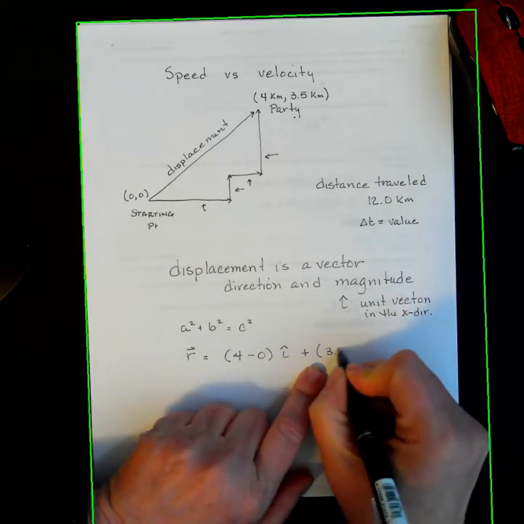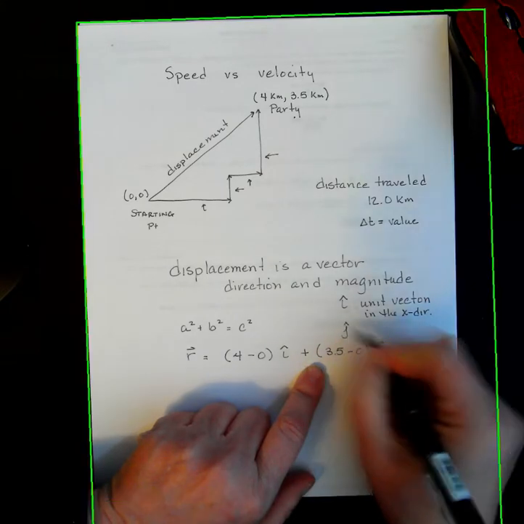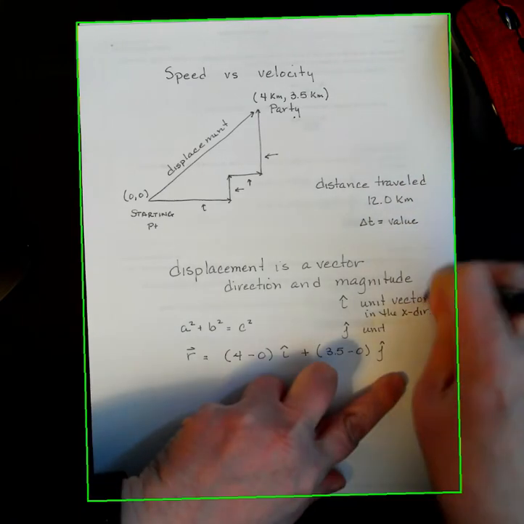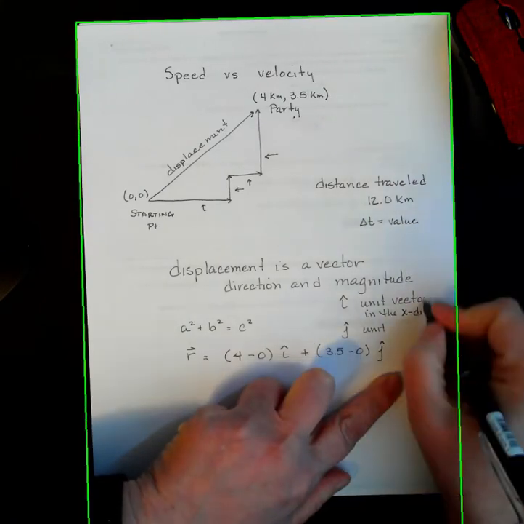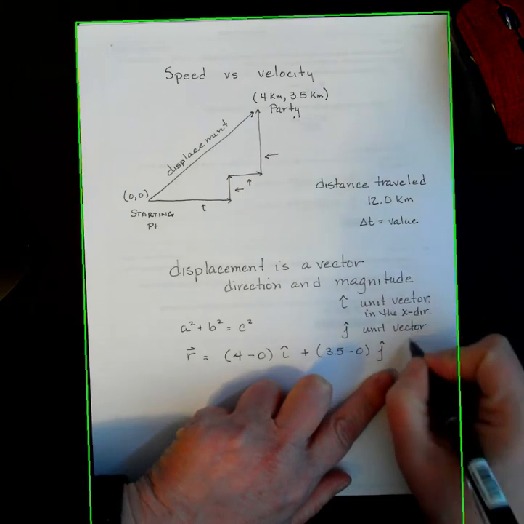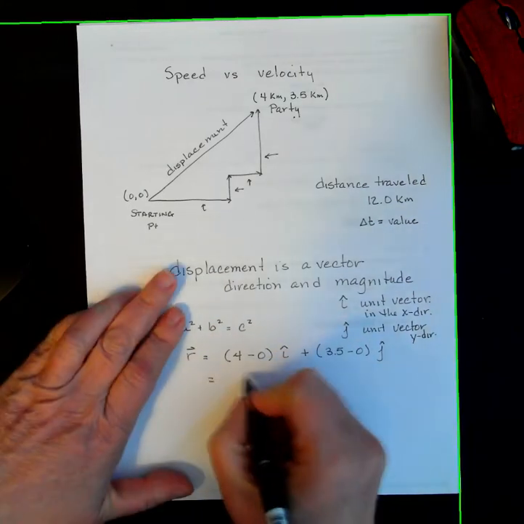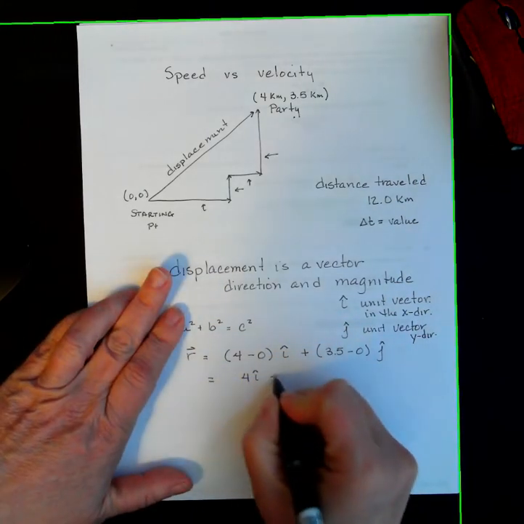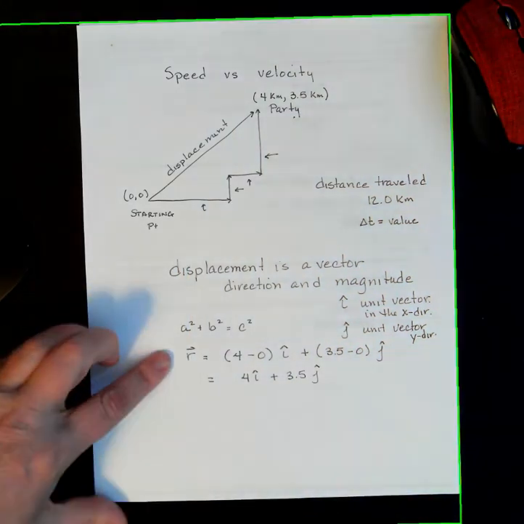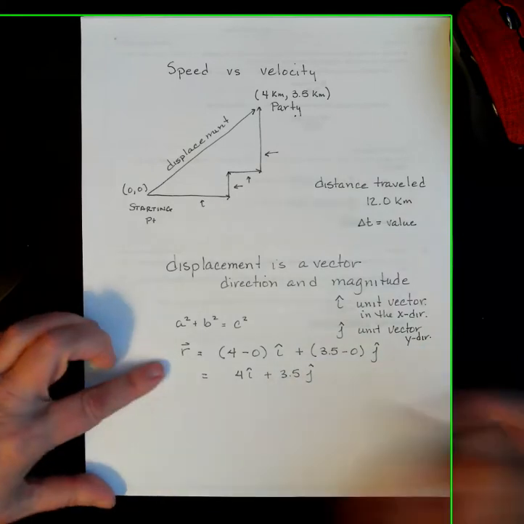It's 3.5 minus 0 in the j, and j is my unit vector in the y direction. So I end up with my vector r as 4i plus 3.5j. And you've probably seen this in algebra class. That's not anything that you haven't seen before.